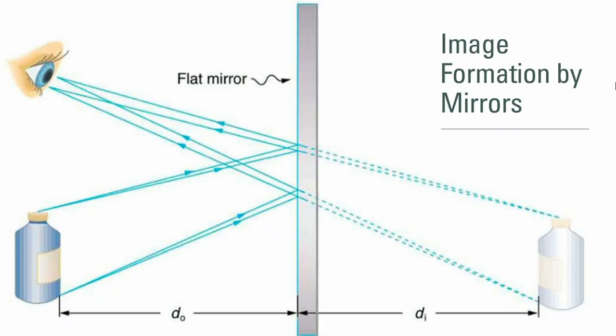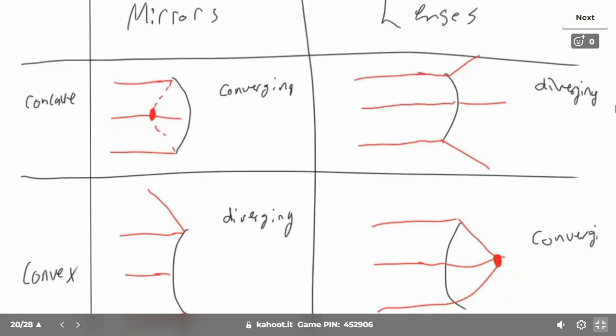For the flat mirror, the object distance and the image distance are going to be the same distance. But we need to use the ray tracing to see where the image, or what the image will look like in the mirror.